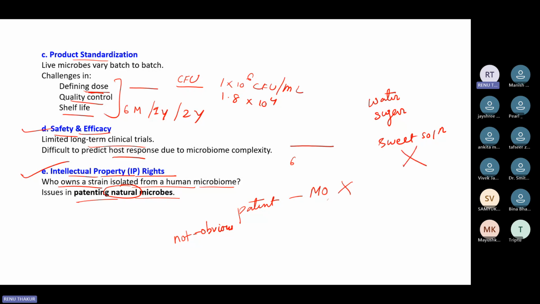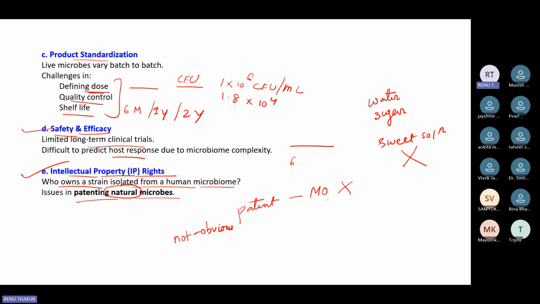If you add sugar, it will be sweet. If you add salt, it will turn into salty water, saline water. If the result is obvious, meaning it is decided that this result will come, you cannot patent that. A patent should always be non-obvious, where you got some different result.